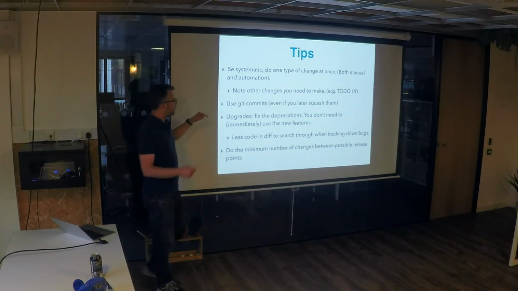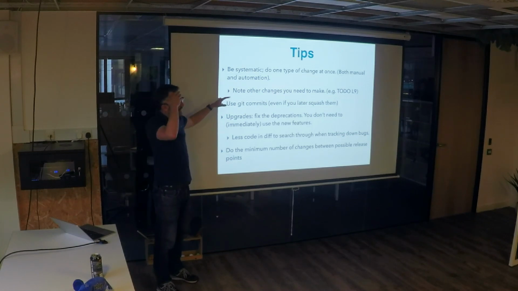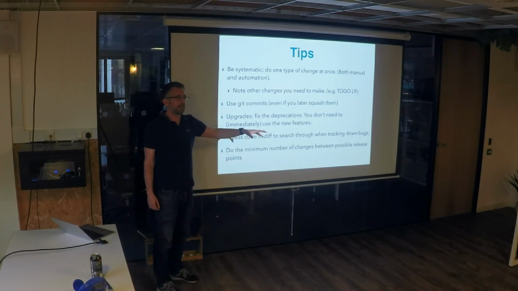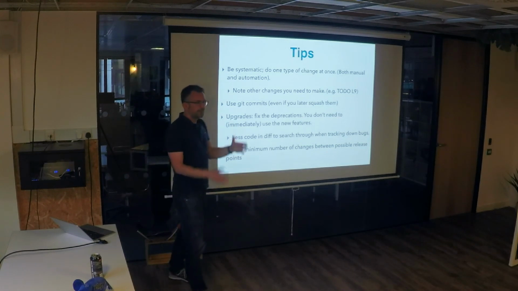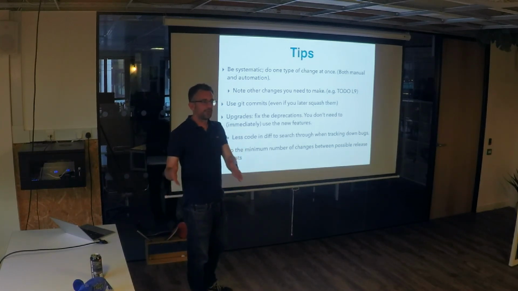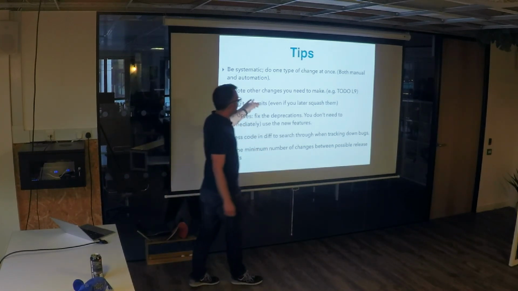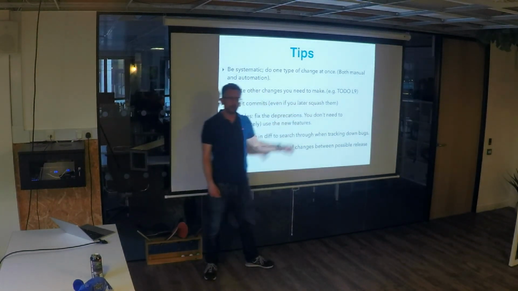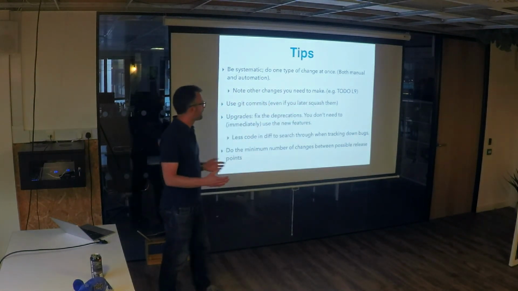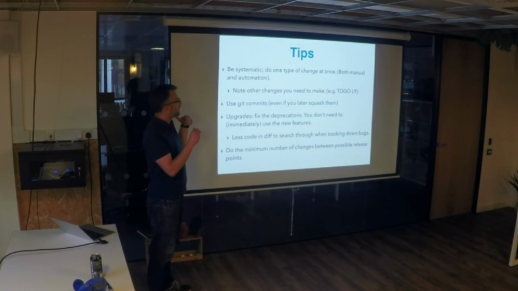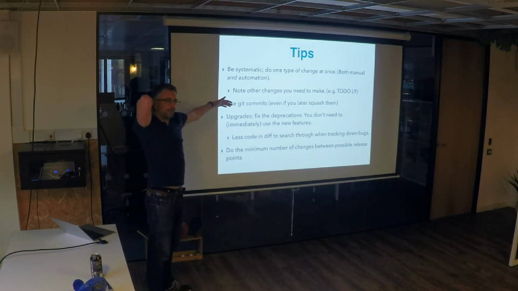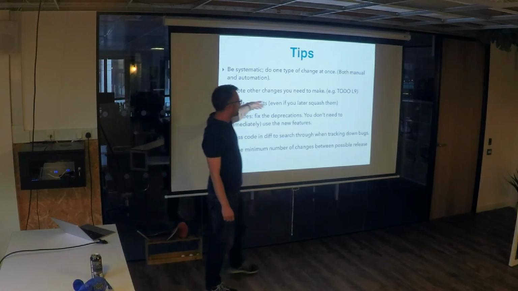And when you're going through, if you suddenly see, there's another change that I need to make, then I'd note that down, and that's another task to do later. And what you can also do is put a TODO comment in. So what we do is put TODO L9, and that's something we would then grep for at the end. So we knew we hadn't finished this release until there were no more TODO L9.